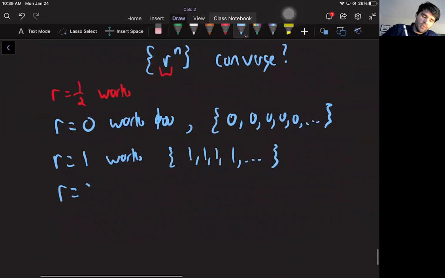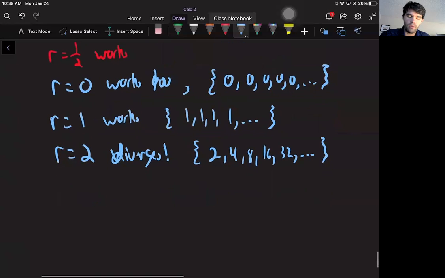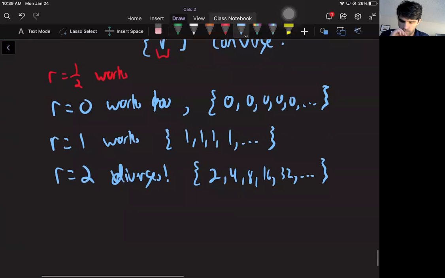But if you go past 1 to like 2, then it's going to diverge, because now I get growth past any number. I get 2, 4, 8, 16, 32, and so on. So now it does not converge. It diverges.